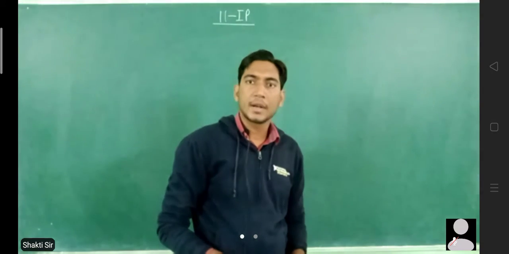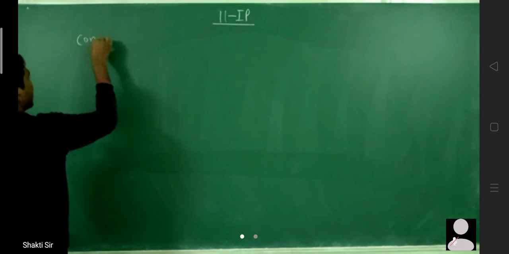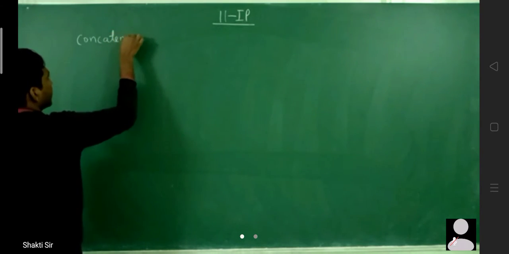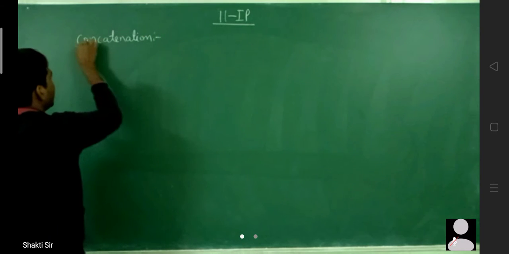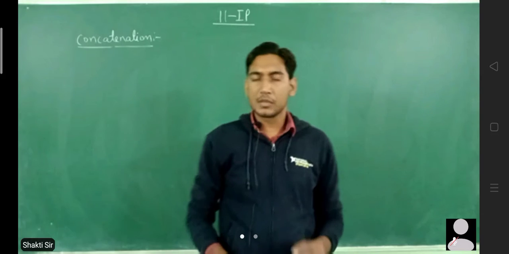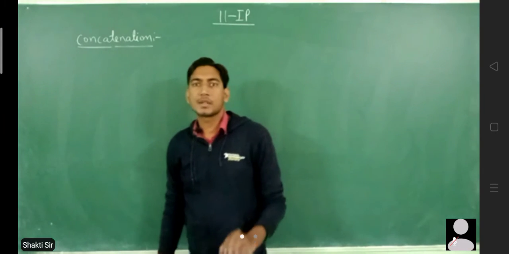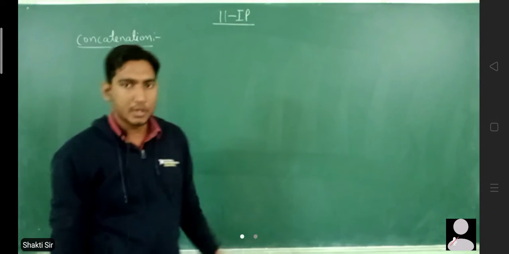The concatenation operator. Let us see the concatenation. What is the concatenation in case of a list? In case of strings, we have seen that the plus operator works as a concatenation operator.